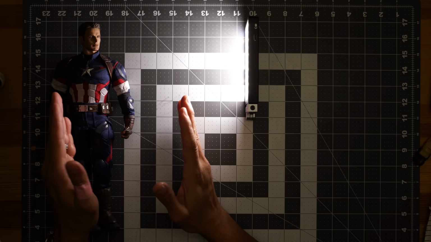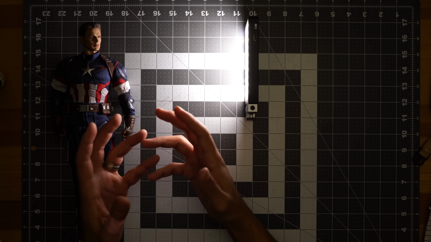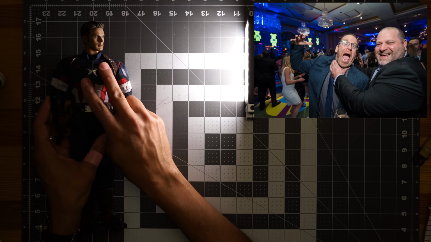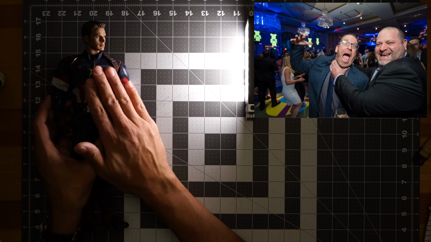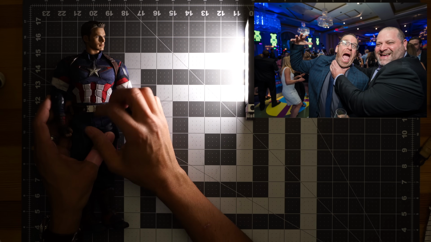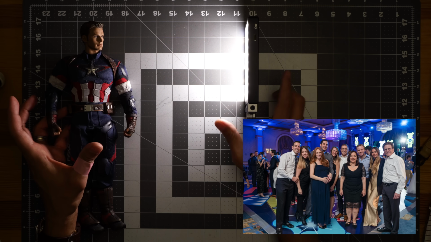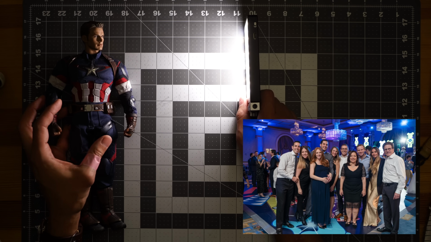All right, here's a practical example of when you could use the inverse square law, understanding what's happening. So let's say I'm at a party and I'm taking pictures of 2 people. I'm this far away and I shoot light on the people and they're perfectly exposed. But all of a sudden, 10 people come into the picture. I need to move back with my light that's set at the same power, okay?